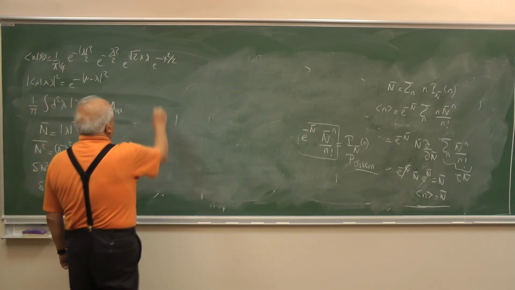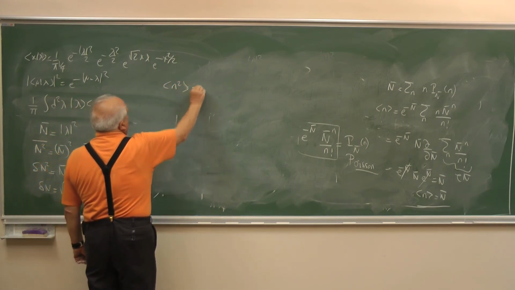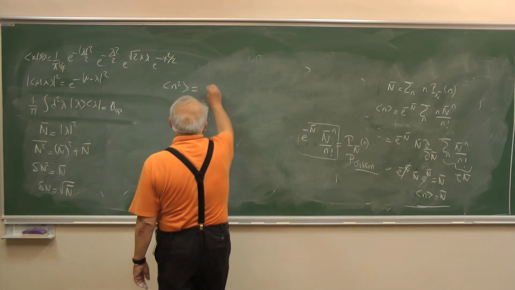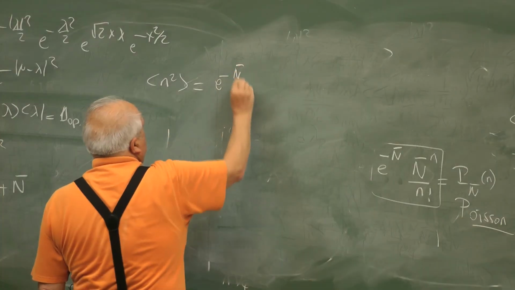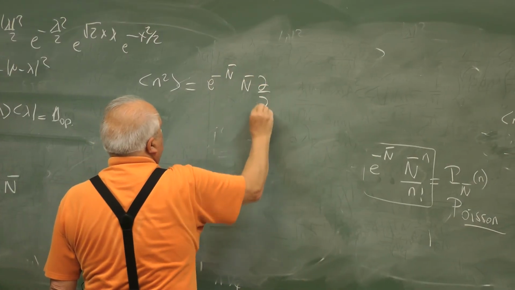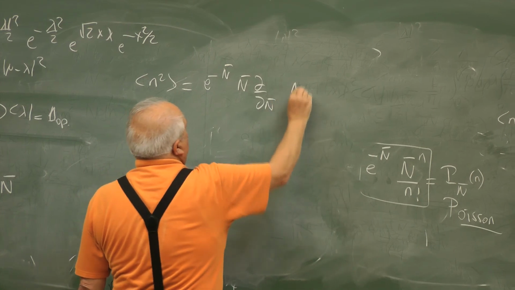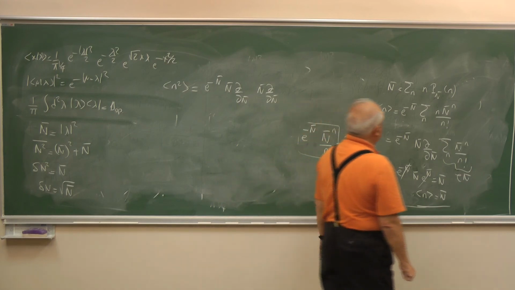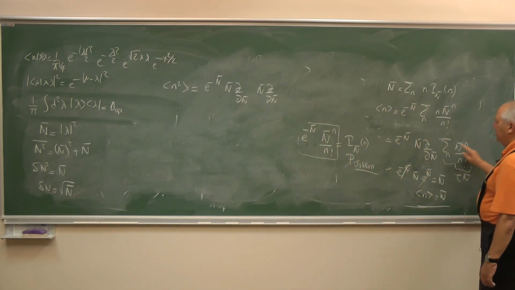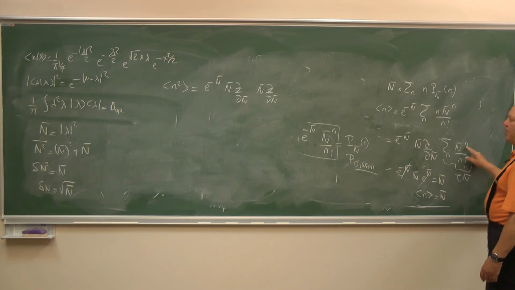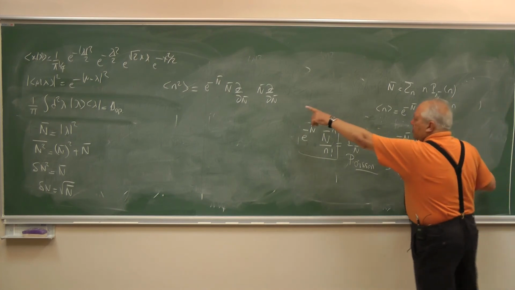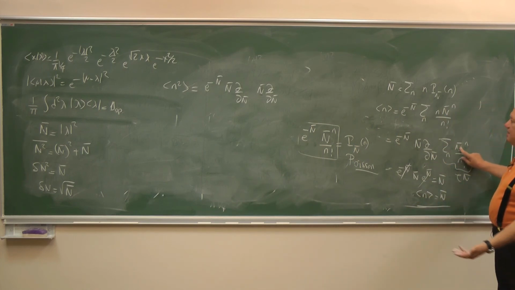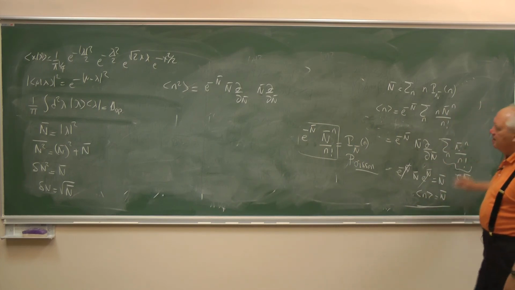The next is computing n square average. This is now easy, now that we have learned this. It is e to the minus n bar times n bar d by d n bar, applied twice. If you apply it to here, the first one brings down n, and n bar times that restores the order, n bar to the n. Then the second derivative brings another n, and restores n bar to the power n.